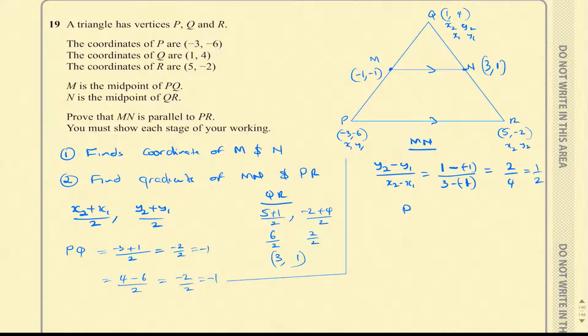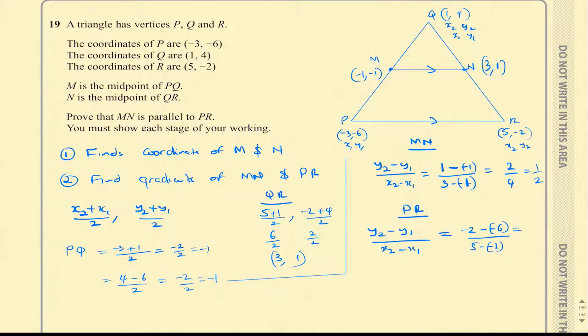To find the gradient of PR, we use the same formula, y2 minus y1 over x2 minus x1. So y2 is -2 minus 6, over 5 minus -3.